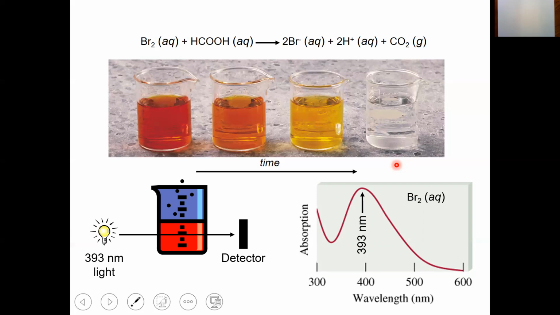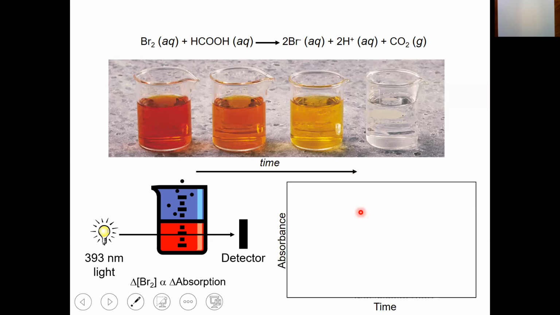As the color disappears, it no longer absorbs light, so you can take the maximum amount of absorbance here, and you can plot that on a separate plot, absorbance versus time.